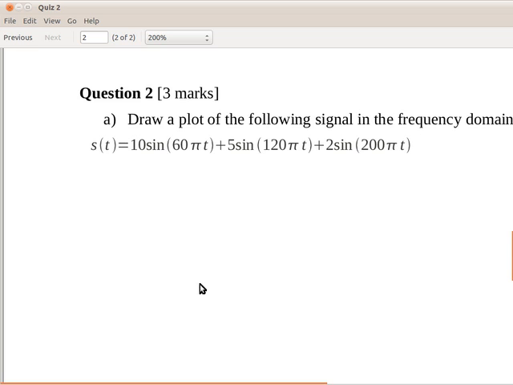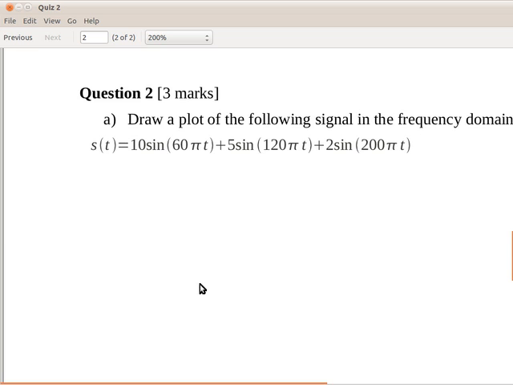First, you'll need to remember the general form of each component, which is the peak amplitude A sine 2 pi ft plus phase.